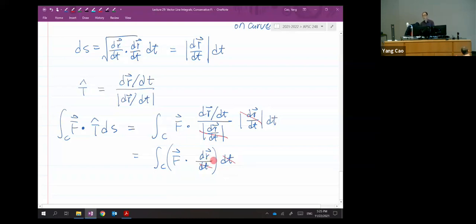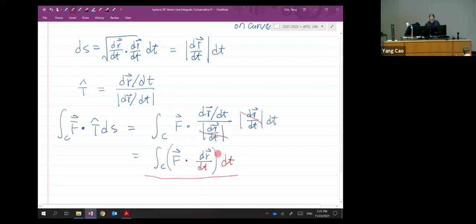So you can leave it as it is because you're integrating with respect to t, with the dominant variable. And with the integral here, you need a dt anyway, and you also calculate the derivative dr over dt anyway. So that's the shortened, derived version of this vector line integral.